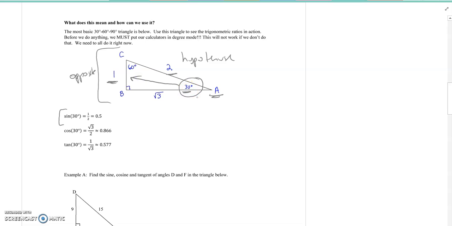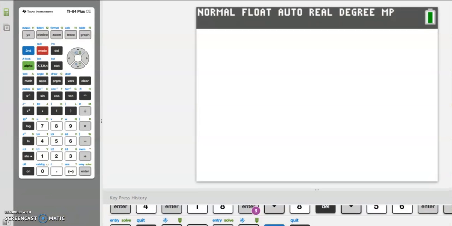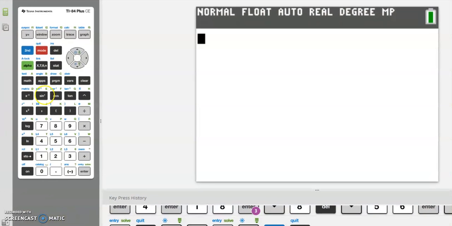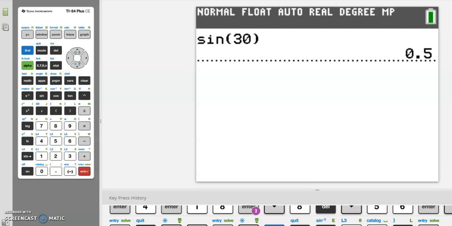So let's use our calculator to see that the sine of 30 degrees is 1/2. When we type that into our calculator, the sine of 30 degrees equals 0.5. That ratio is true for any triangle when you do the sine of 30 degrees.